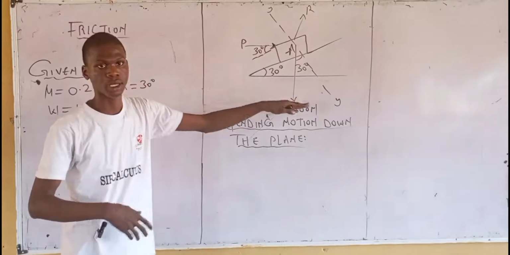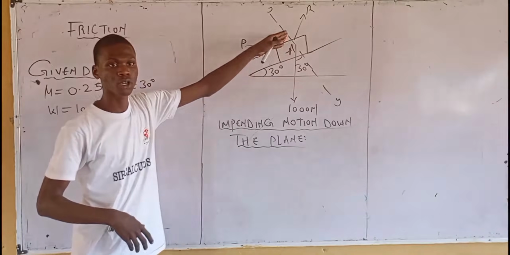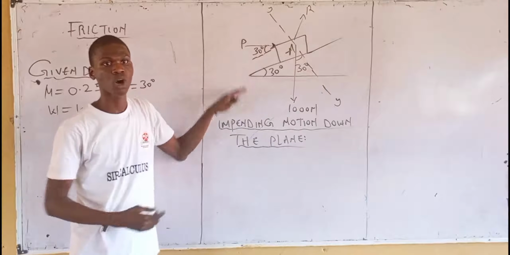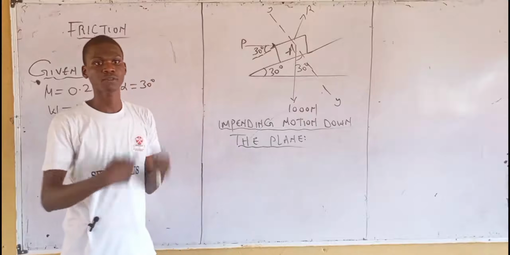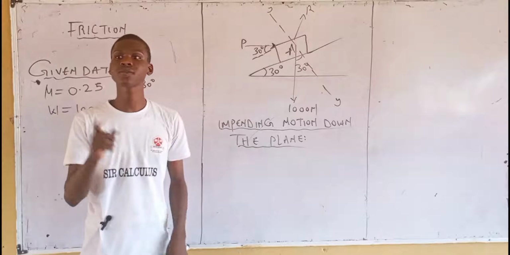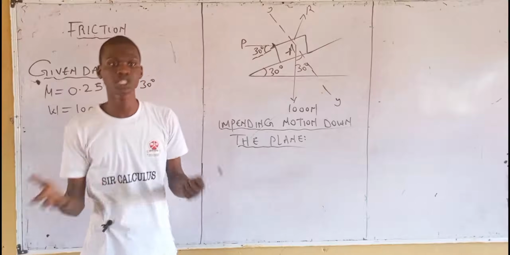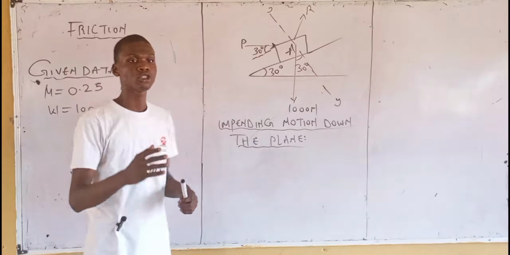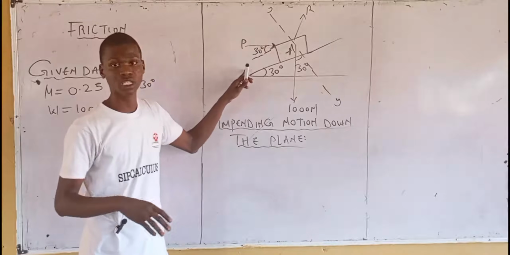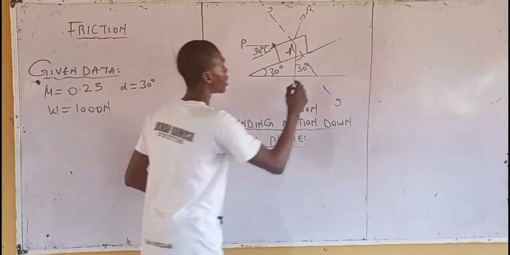And this is it here. This block obviously is going to slide down. What's bringing it down? Gravitational force. So there will be a force opposing that gravitational force, and that's what we call the frictional force. Meaning, normally my frictional force is meant to oppose it in this manner.